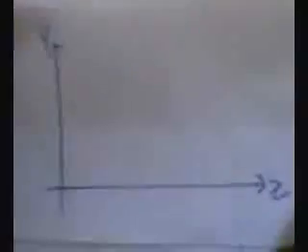Okay, stop. Actually, what we are supposed to find is the area under the curve, where the diagram should be like this. This is the y-axis and this is the x-axis.